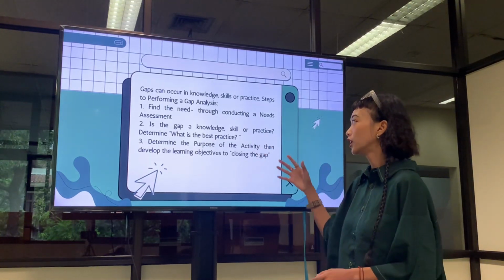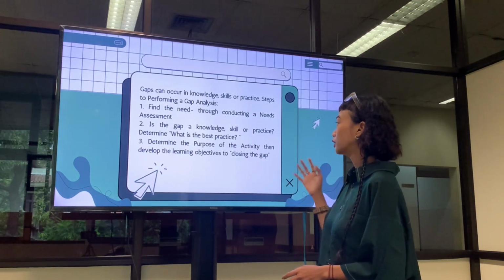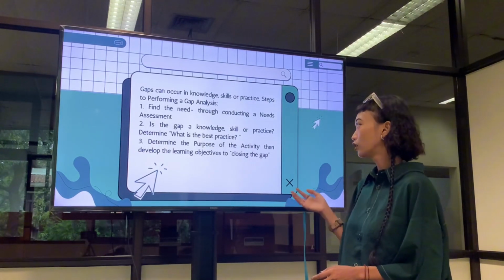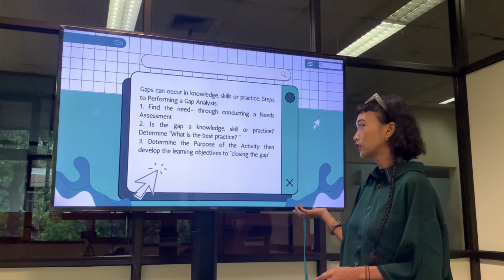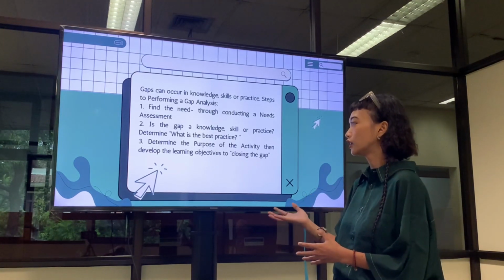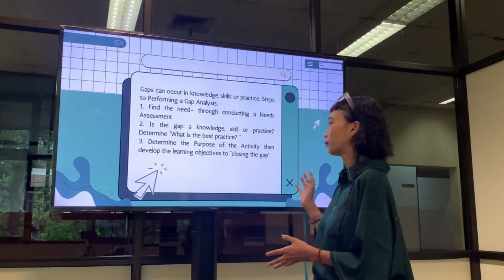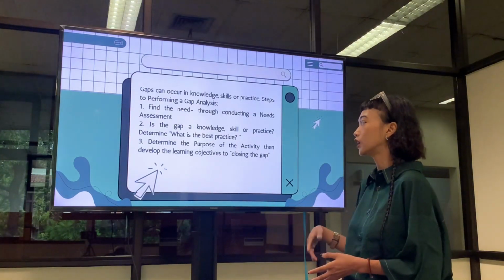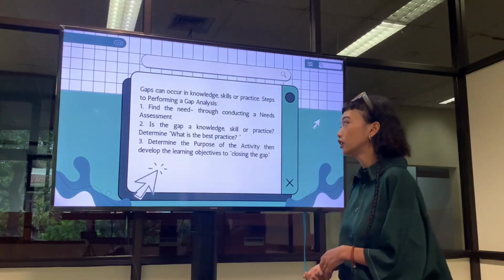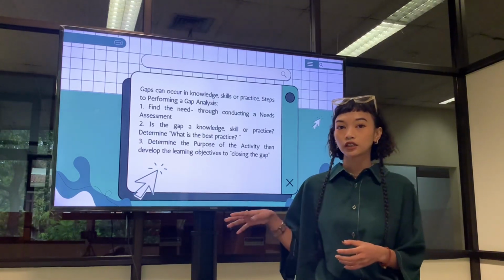The first, find the need by conducting a needs assessment. Second, identify the gap in knowledge, skill, or practice, or determine what the best practice is. And the last, determine the purpose of the activity, then develop the learning objective to close the gap.